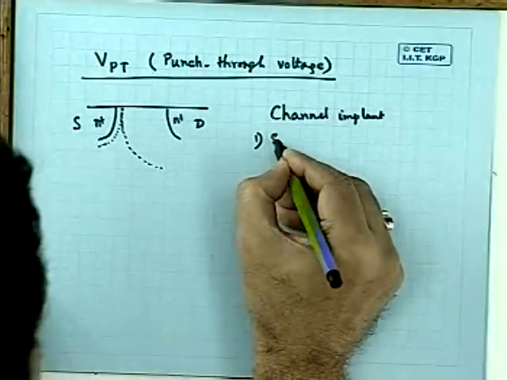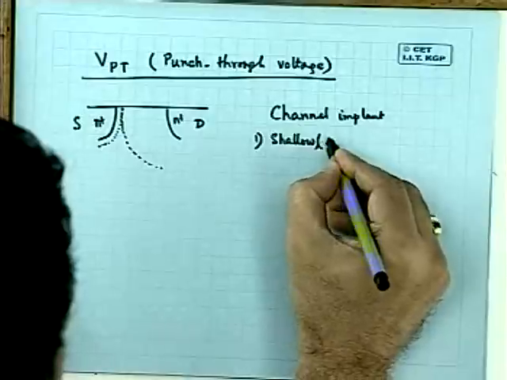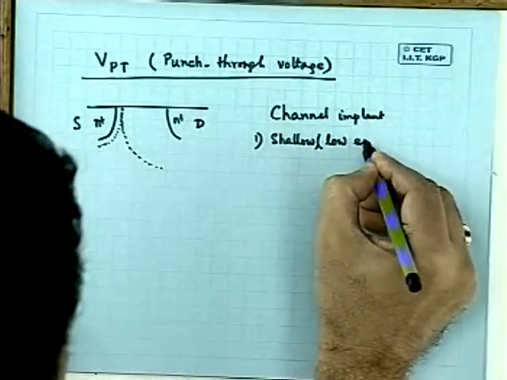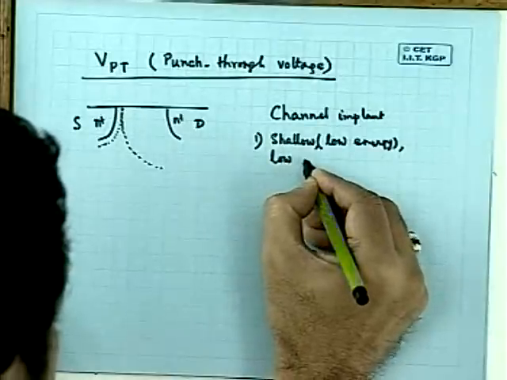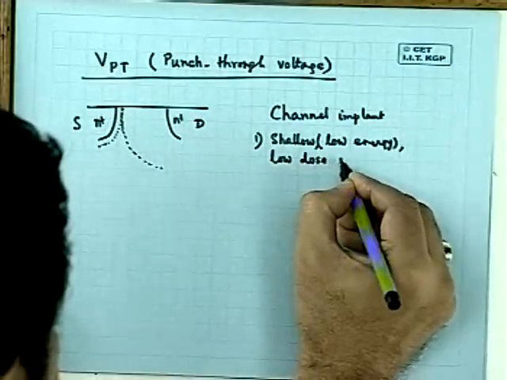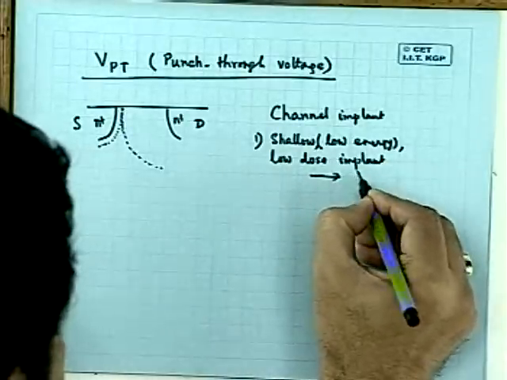One is a shallow, meaning low energy, low dose implant, and that is for VT control.